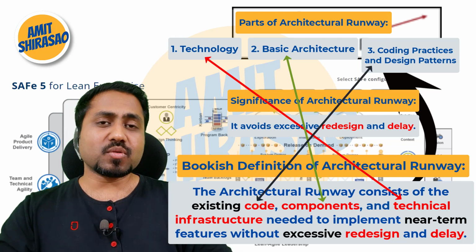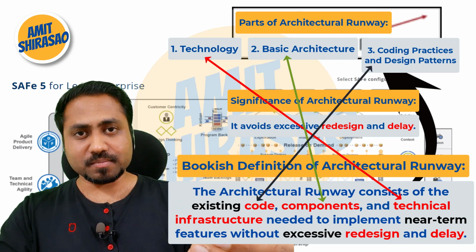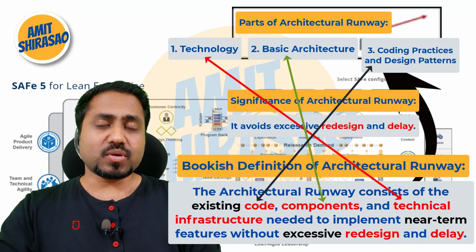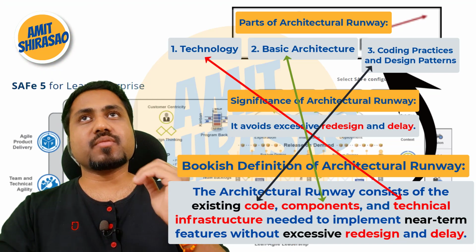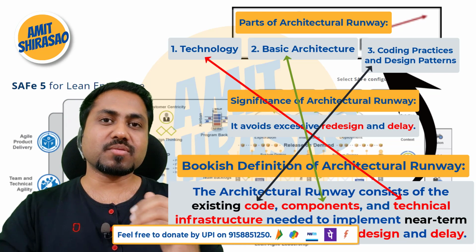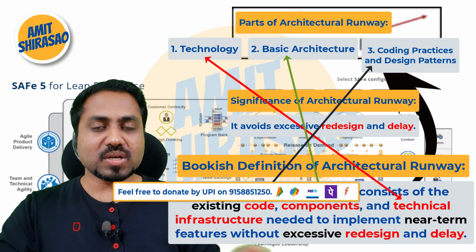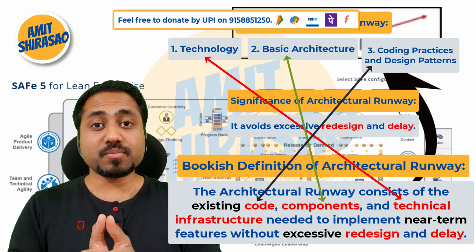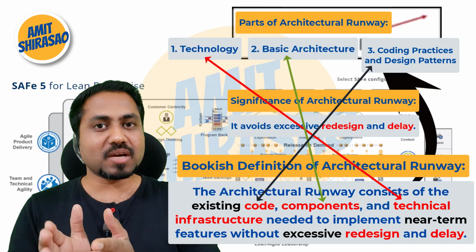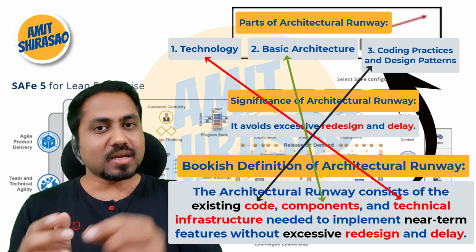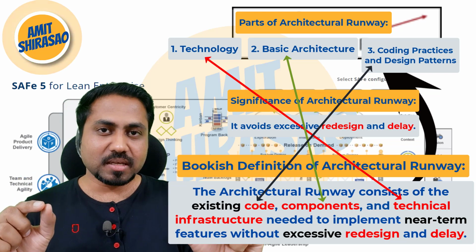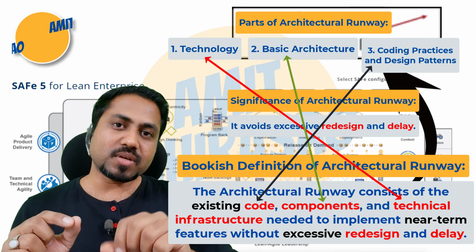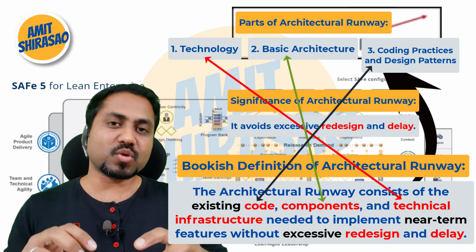Existing code means your design patterns. Whatever design pattern you are using, that is the existing code. For example, if a microservice architecture is to be used, what does that mean? Every API will be independently deployable. That means every API will have a separate Git repo and a separate Jenkins pipeline. If that API is failing, only that API is failing, you can redeploy it, and the whole application won't crash.